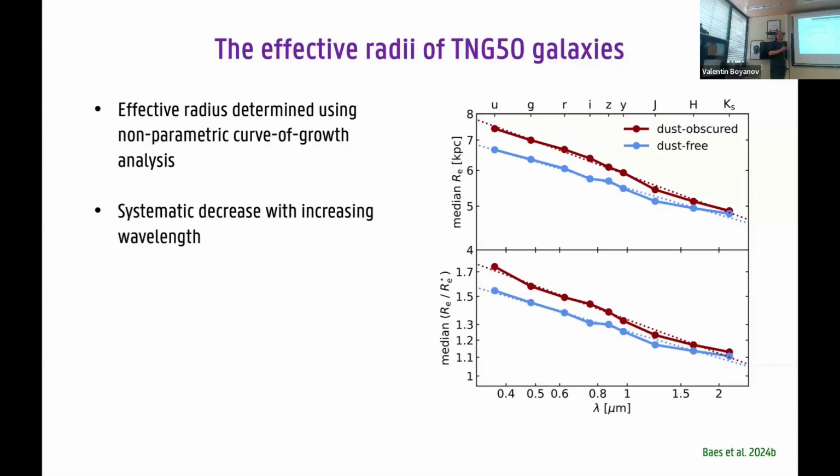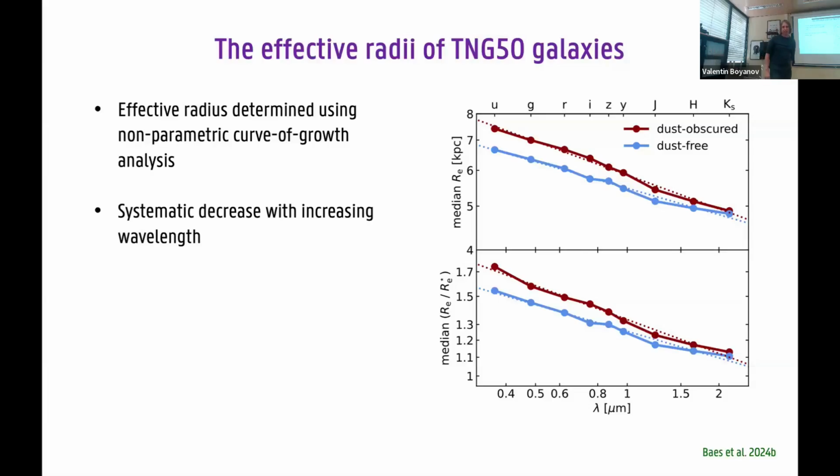But we can also do that for dust-free images, because we also have the images without dust. And then you get the blue curve, and you still get the same trend. The effect is slightly smaller, but it's still there. And of course, in the blue line, the origin cannot be dust attenuation, so that is due to stellar population gradients.